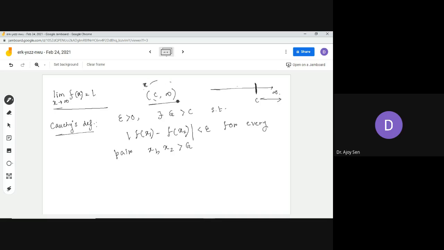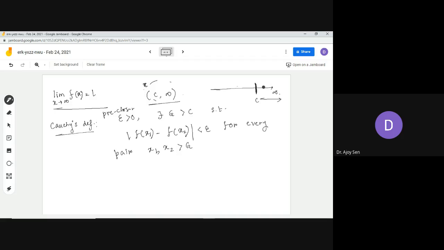So in this c to infinity, you will take some epsilon greater than 0, which is obviously a pre-chosen or pre-assigned number. And for this epsilon, you will be able to find a g, which is a real number greater than c, such that |f(x1) minus f(x2)| is less than epsilon whenever x1 and x2 are greater than g.